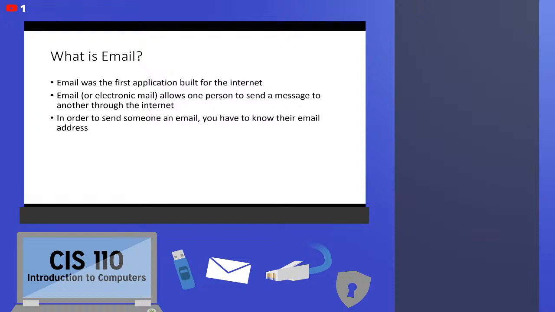But another thing about email versus the regular mail is you have to know somebody's address. In order to send an email, you have to know somebody's address. Just the address is a little bit different than the address to your house. You all have email addresses. Since you are a student of Cleveland Community College, by default, you have an email address, whether you've created your own account or not.